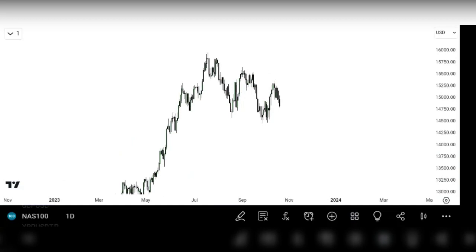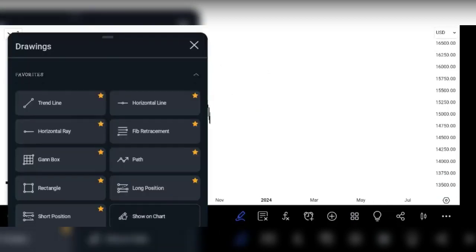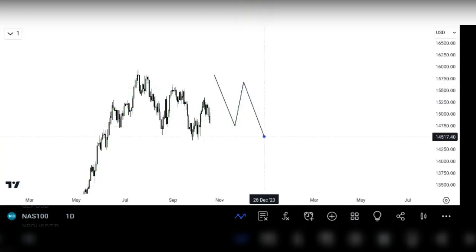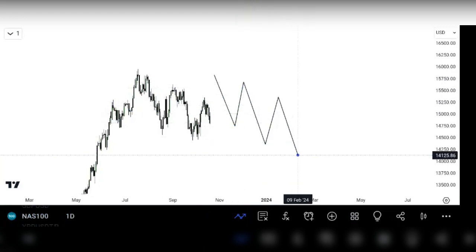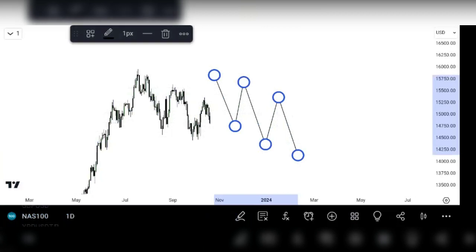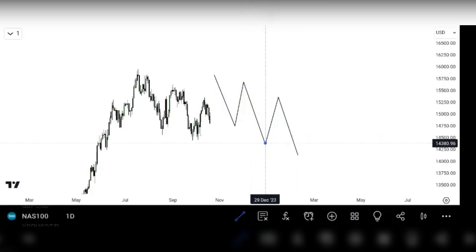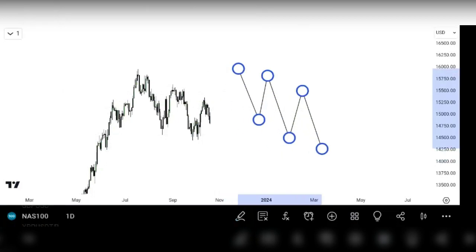When we're talking about market structure, price will go down, come back up to tap on this point, sell down, come back into it, tap, sell down, creating a series of lower highs and lower lows. The upper part is called the lower high, the down part is called the lower low. That is the basic form on how to identify this.